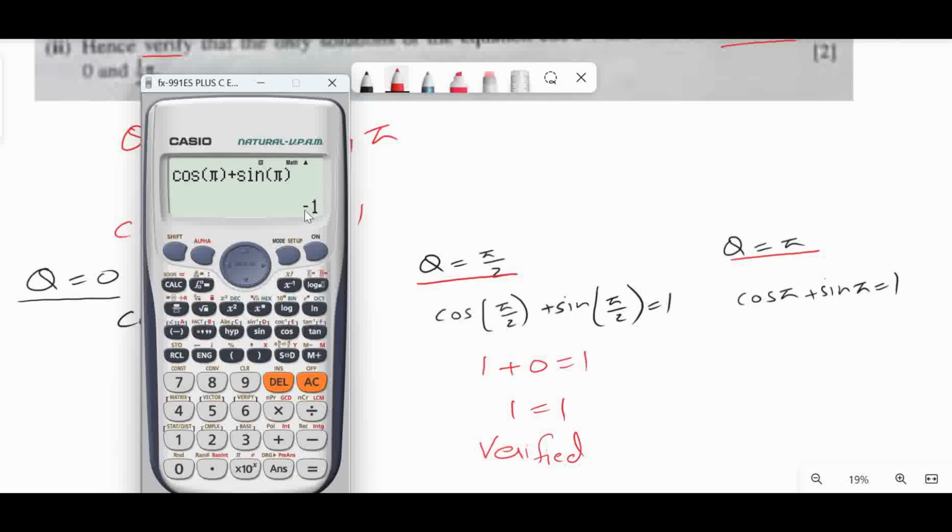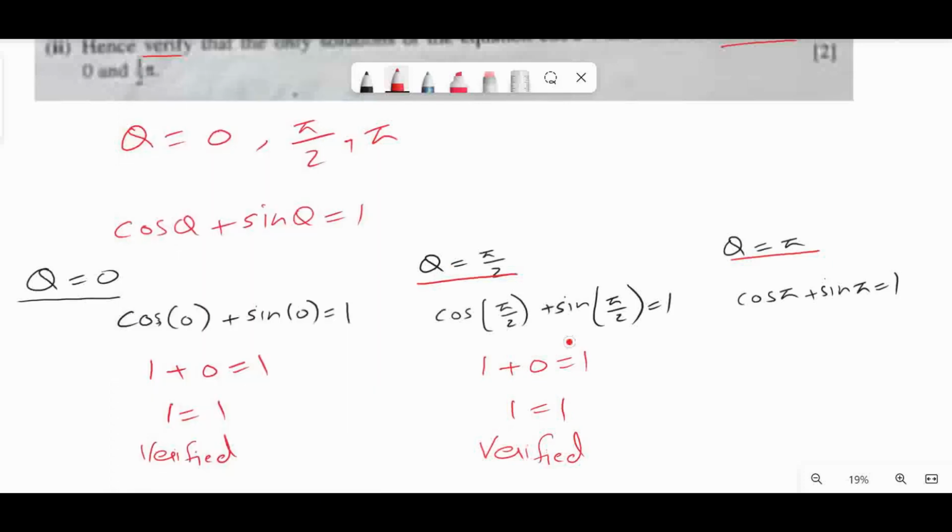This is a very important point, that this is minus 1. So we know that cos pi will be equal to minus 1, and sine pi will be equal to 0. So this must be equal to minus 1, which is not equal to 1. So it is not verified.